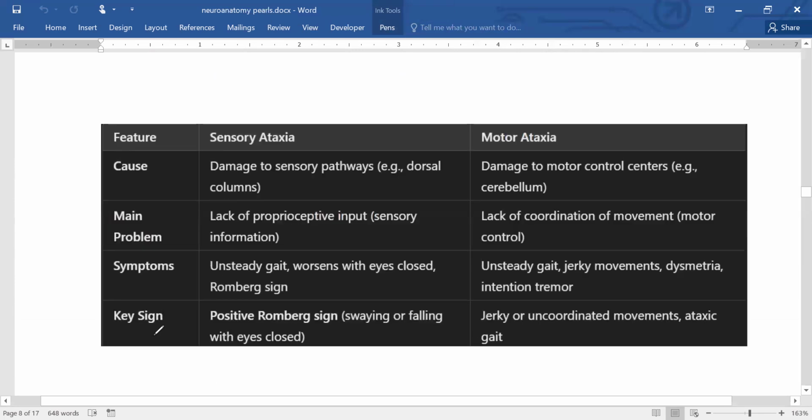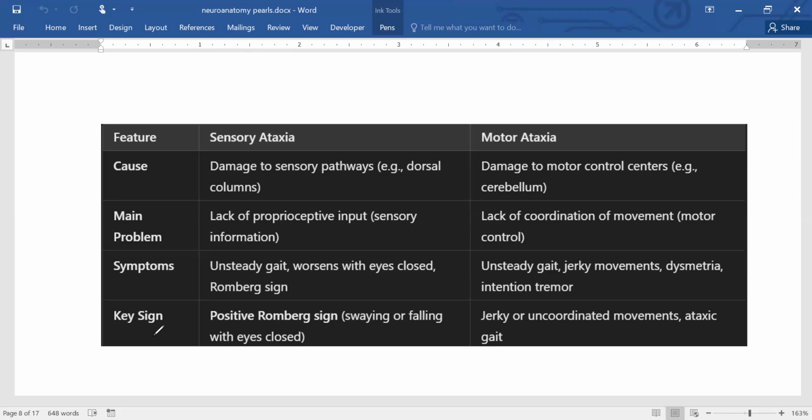Sensory ataxia is due to damage to the sensory pathways, that is the dorsal column tract, while motor ataxia is due to damage to the motor control centers, that is the cerebellum. In sensory ataxia, lack of proprioceptive input is the main problem, while in motor ataxia, lack of coordination of movement, motor control, is the problem.